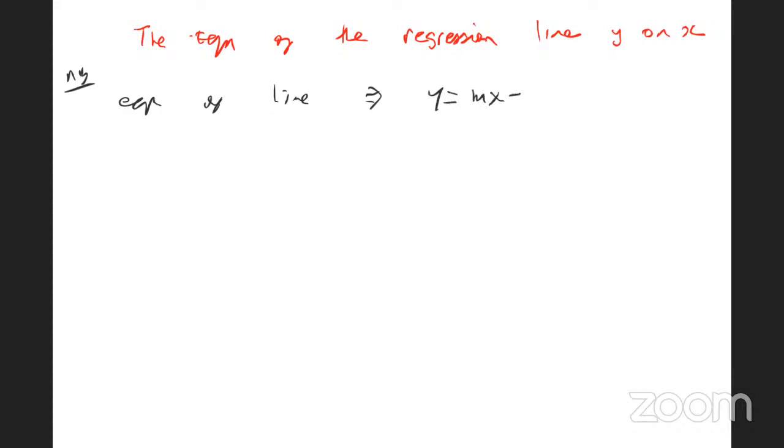So the equation of the regression line. Everything I'm showing you here is for the regression line Y on X. Let's do a quick recall. Remember the equation of a line is of the form y is equal to mx plus c. Our regression line will resemble the same thing.